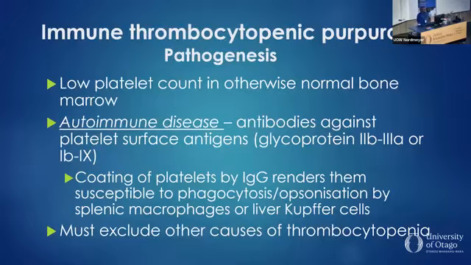So that's the classical presentation for ITP. And you obviously won't find any other immediate obvious cause for the low platelets in that scenario. It's very difficult to diagnose because we are not required to prove that there are actually antiplatelet antibodies in circulation, but when we look for them, we would find them.